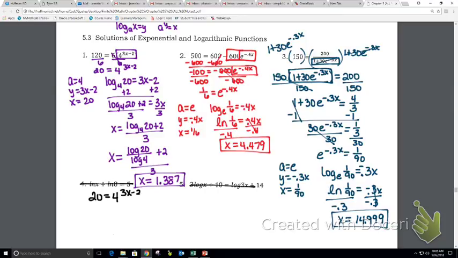So we could have said log base 4 of 20 equals log base 4 of 4 to the 3x minus 2, and log base 4 of 4 is 1. So when we bring the exponent in front, we would get log base 4 of 20 equals 3x minus 2, and then we could solve it from there.